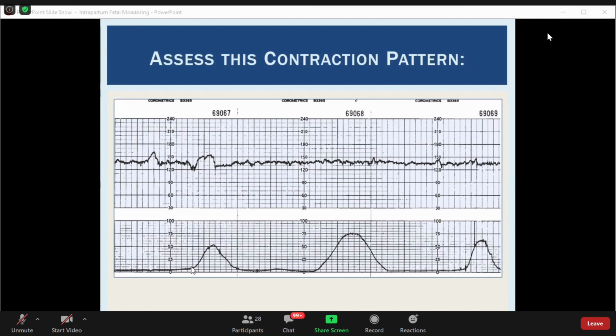So again, this is an increment, this is a peak, this is the decrement. That means this is a resting interval. If we're counting between this contraction and this contraction, you can see that there's a little over 1 minute. I'm sorry, a little over 2 minutes for the utero-placental unit to reperfuse. This is your resting interval. This is your resting interval.